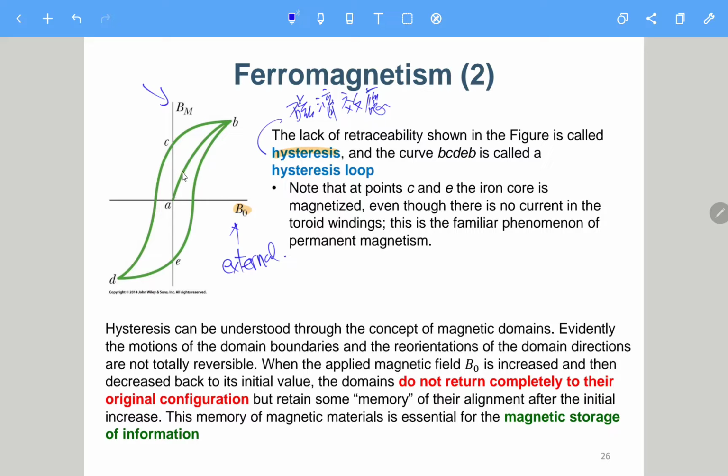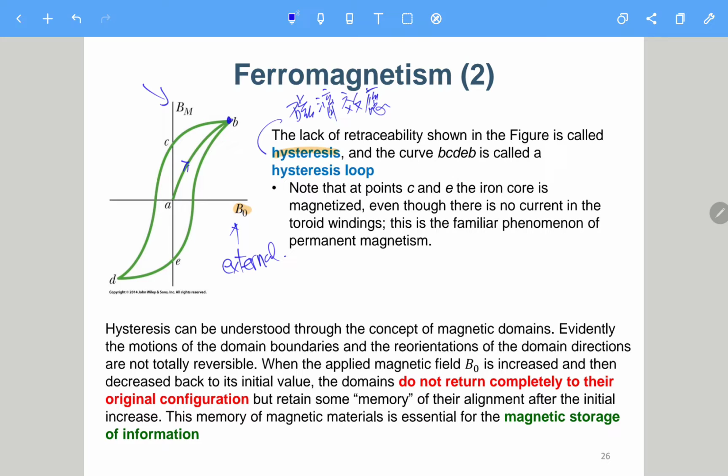It's not very linear, but at least when B0 is increasing, Bm also increases along this path up to point B.